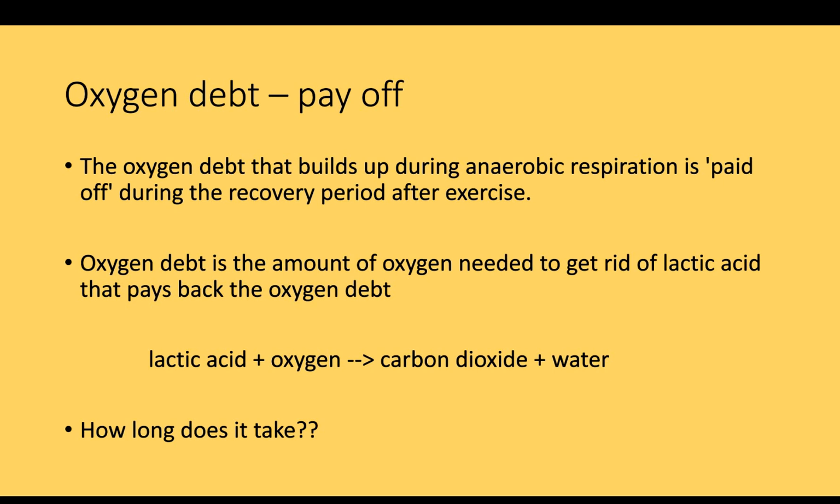The oxygen debt that builds up during anaerobic respiration is paid off during the recovery period after exercise. As I said, the oxygen debt is the amount of oxygen needed to get rid of the lactic acid, and that pays back the oxygen debt.